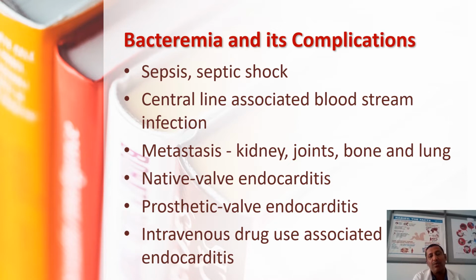It can also infect prosthetic valves which have been implanted into the heart in certain patients, causing prosthetic valve endocarditis. This endocarditis is most common in intravenous drug abusers, who share the same syringe.